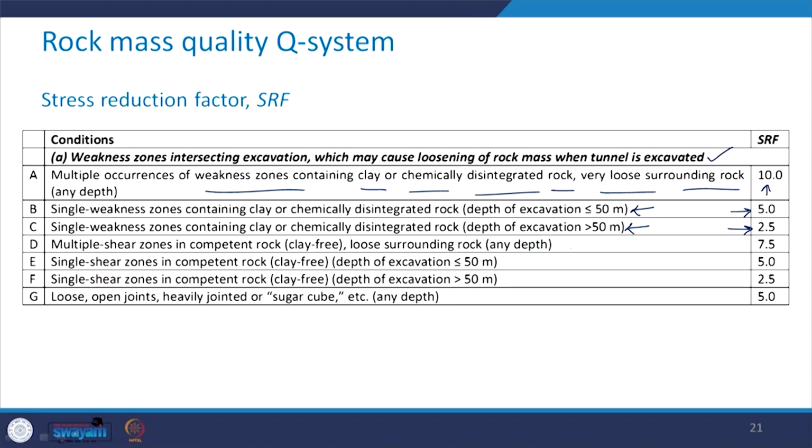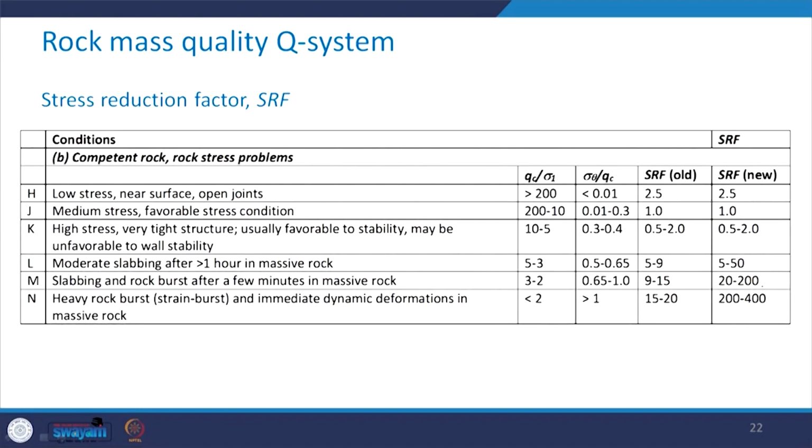When you have multiple shear zones in the competent rock or loose surrounding rock at any depth, the rating is 7.5, and likewise if you have loose open joints, heavily jointed or sugar cube etc. at any depth, then you will have a rating of 5. Coming to the next condition, where the rock stress problems are there in case of competent rocks.